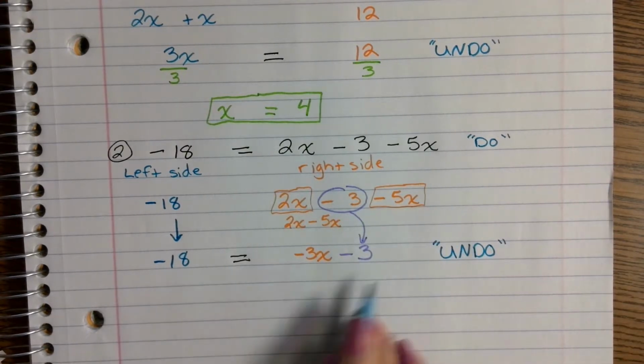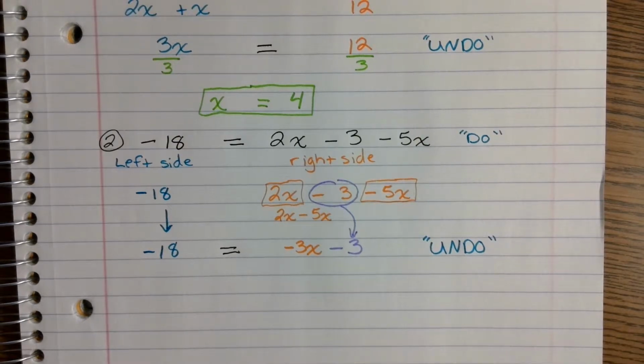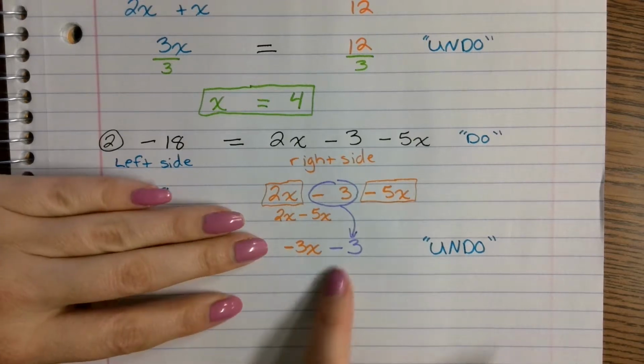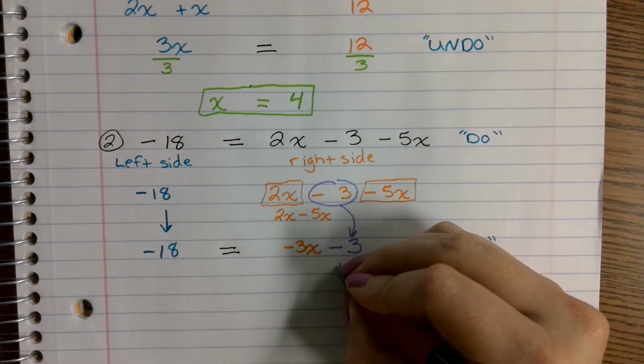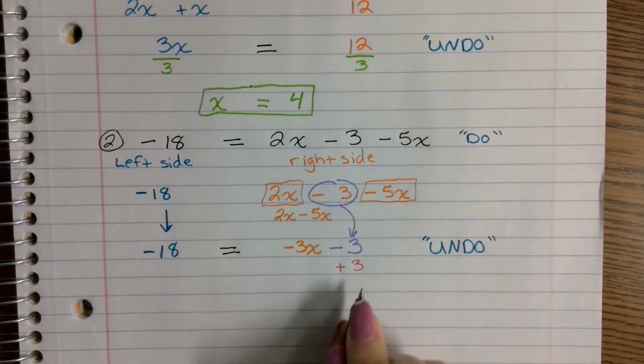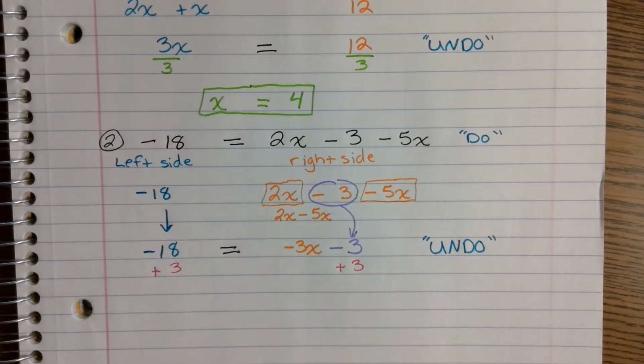So here's our equation. What do I need to do to undo? JD? Not going to add 18. Remember, we're going to focus on this side. Add 3. So we're going to add 3 to both sides of the equal sign.